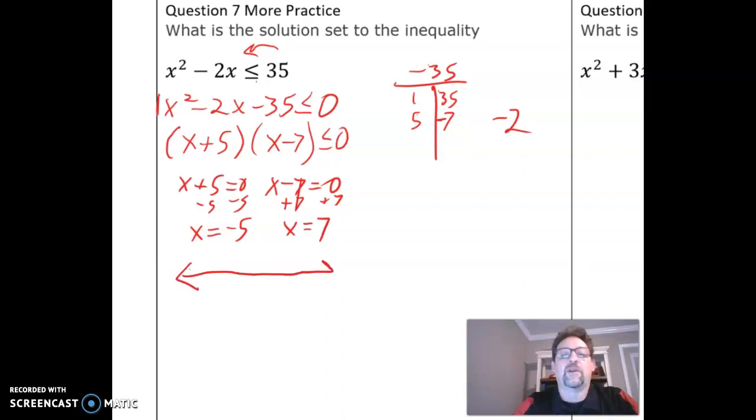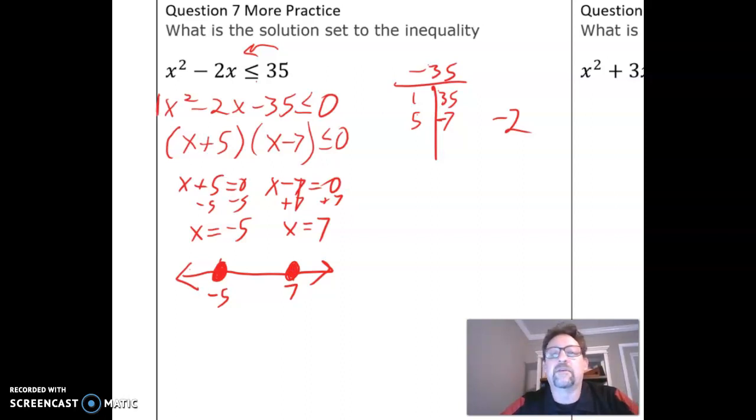We're going to put these on a number line to help us figure out where to shade. So smaller one and larger one. It's a less than or equal to, so it is a closed circle. All right, now we need to know whether it's shaded in or shaded out.